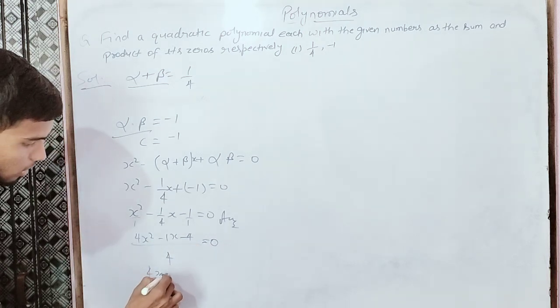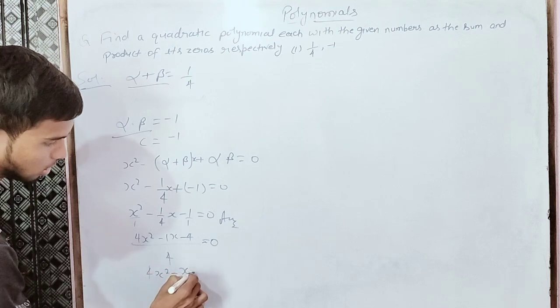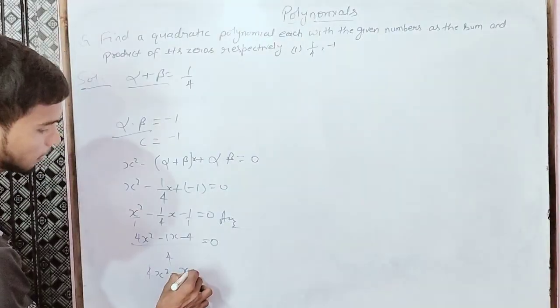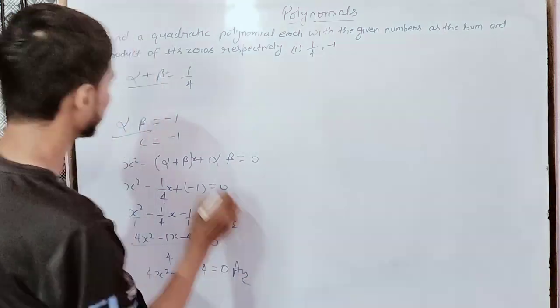So finally answer is 4x square minus x minus 4. So here we were right.